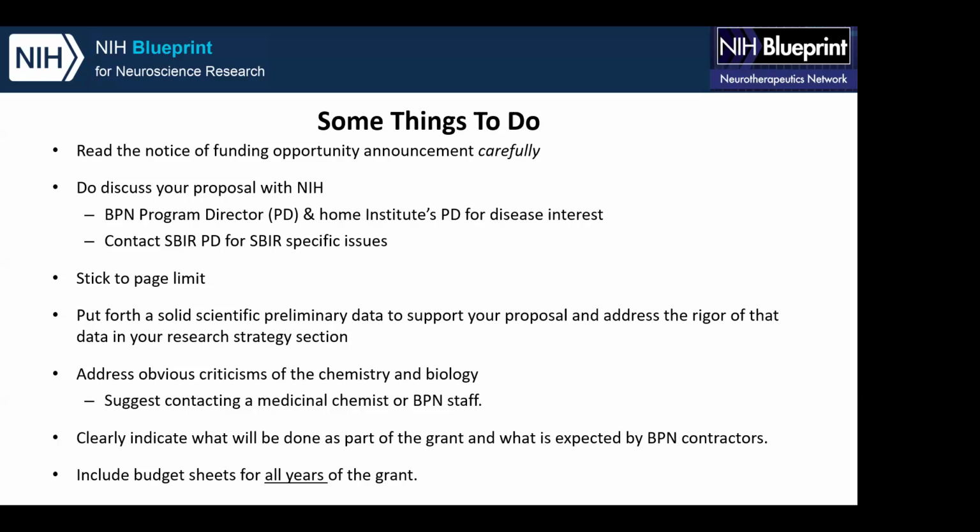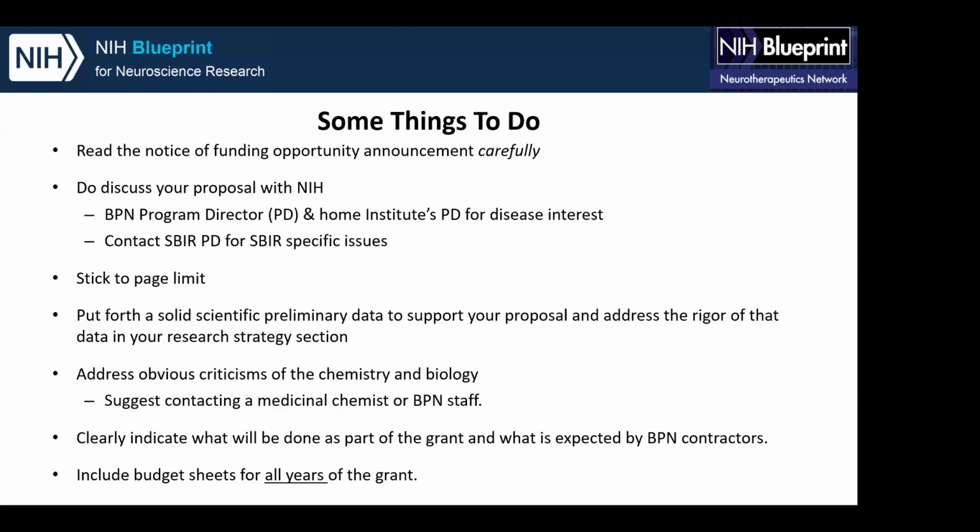So putting in a screening funnel and saying, here's what we're doing and here's what we're asking you to do is usually a good idea. You also need to have an intellectual property agreement, as I mentioned, as an other attachment. You need to have all your years of the funding. So not only UG3, but UH3. Read it carefully. Make sure you check all the boxes, do everything it says to do.